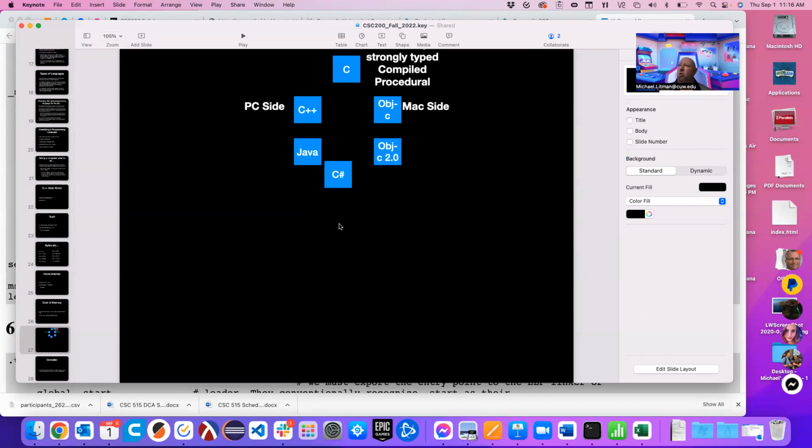Probably Java is the most popular today, and that has more to do with Java being a cross-platform tool, so you can write the software once and it'll run on Mac, PC, and Linux all at the same time. But C# is super popular. C is still very popular for a lot of these old embedded systems. And Python is becoming more and more popular on the machine learning and artificial intelligence side of things.